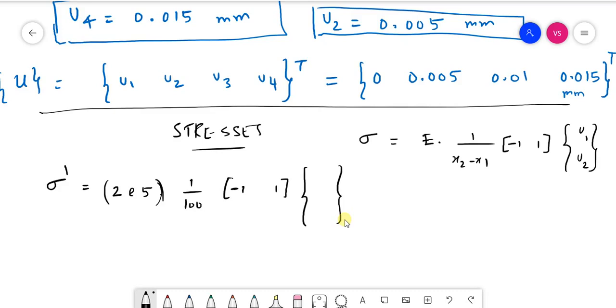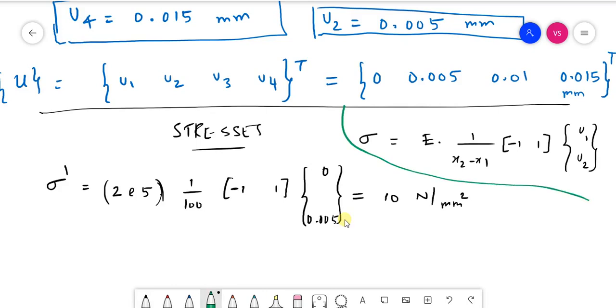Here U1 is 0, we know it. U2 we found to be 0.005. If you do the multiplication, then you will find this to be 10 Newton per millimeter square. This is for first element.